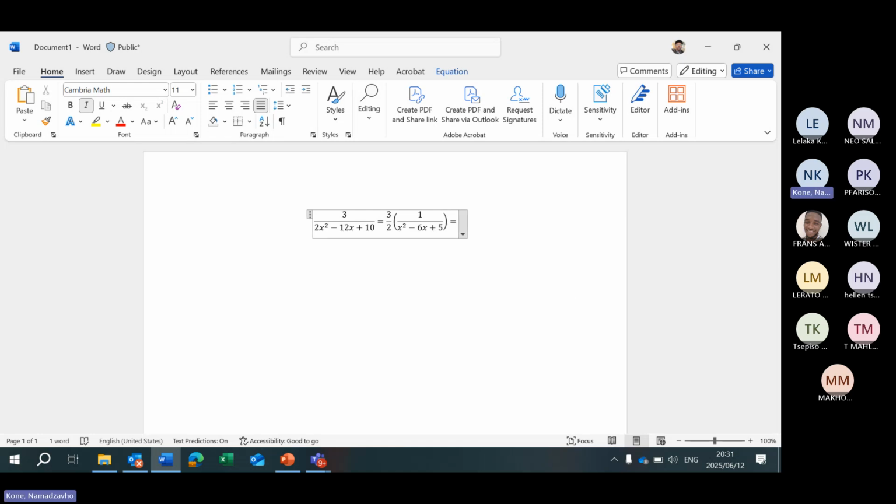So this will be 3/2. And then this one factorized completely will be x minus 5 into x minus 1, right?